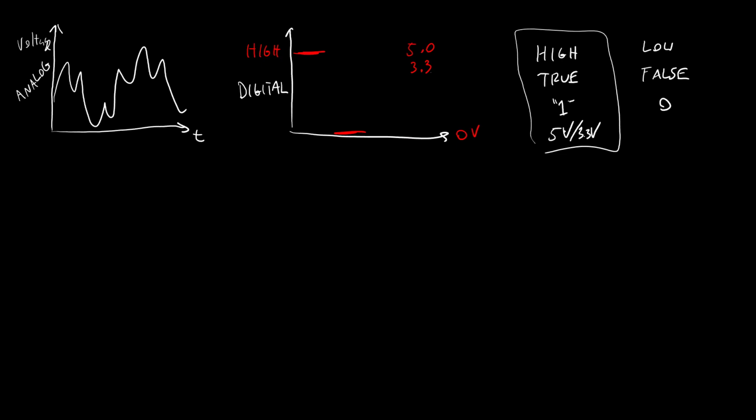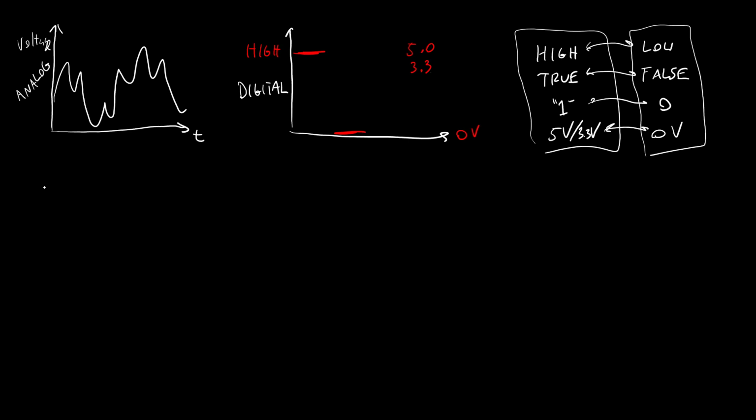Where 5 volts or 3.3 volts are high, 0 volts is going to be low. So each of these pairs kind of means the same thing, and just a heads up in advance, I might bounce back and forth in terms of which one I'm referring to, but remember you can group these together and roughly treat them like synonyms when we're talking about digital voltage and digital logic.